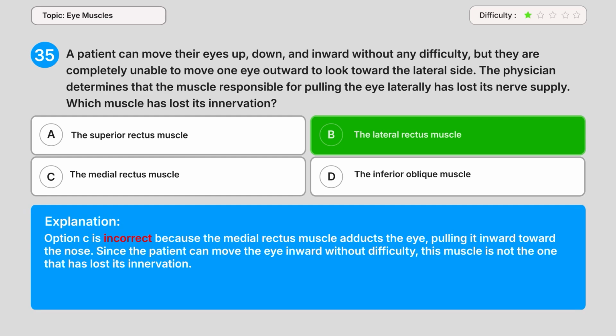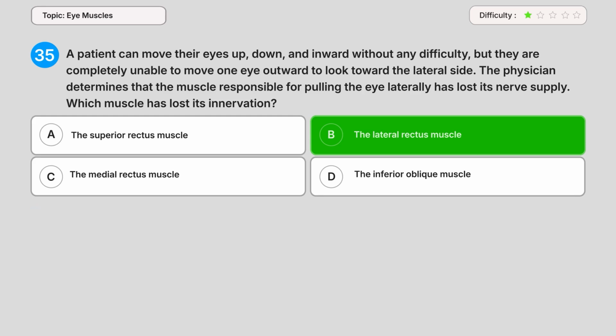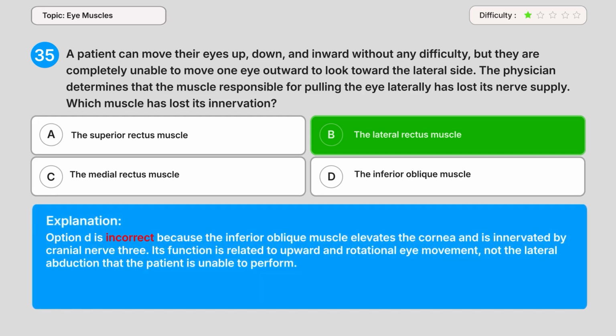Since the patient can move the eye inward without difficulty, this muscle is not the one that has lost its innervation. Option D is incorrect because the inferior oblique muscle elevates the cornea and is innervated by cranial nerve 3. Its function is related to upward and rotational eye movement, not the lateral abduction that the patient is unable to perform.